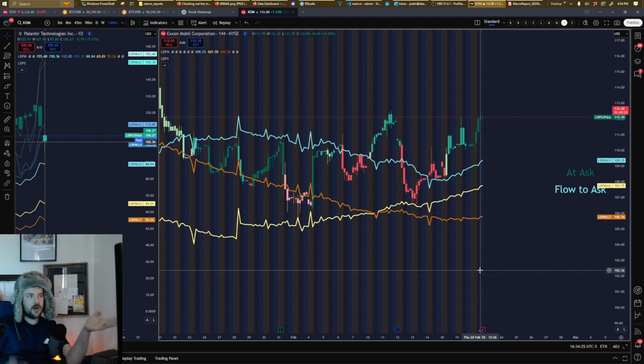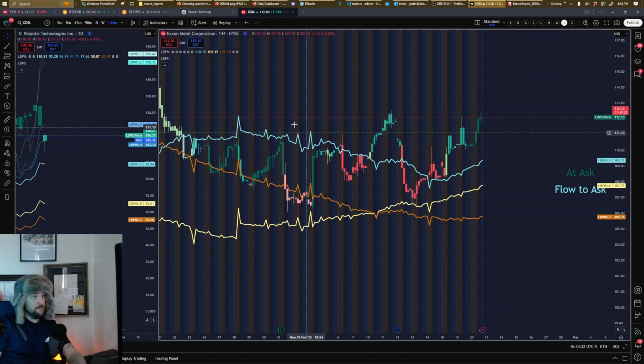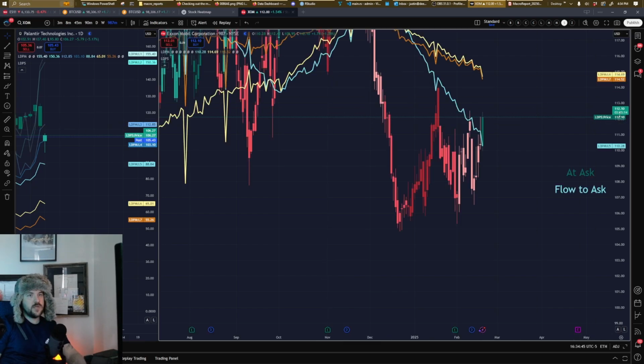So bull trap on, it looks like bullish on the 144. And then when we zoom up to 987, it looks like a bull trap. And then I think the 987 gave us the ceiling, right? Yeah, about 114.